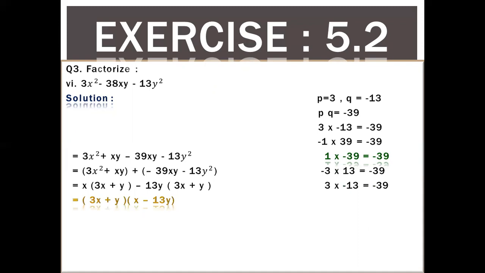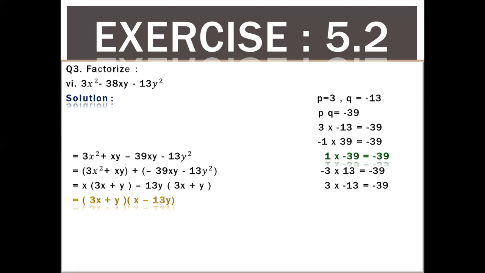When you multiply 3 and minus 13, this is minus 39. Now we make all the possible factors of minus 39, and we see that 1 multiplied by minus 39 is minus 39, and when we add 1 and minus 39 we get minus 38, which is the required middle term.